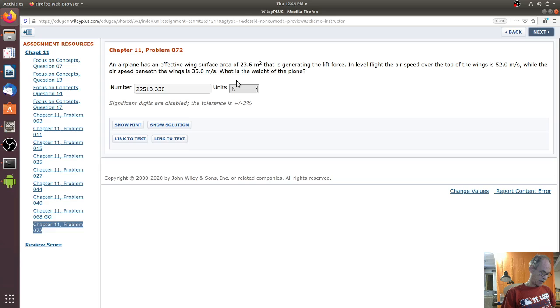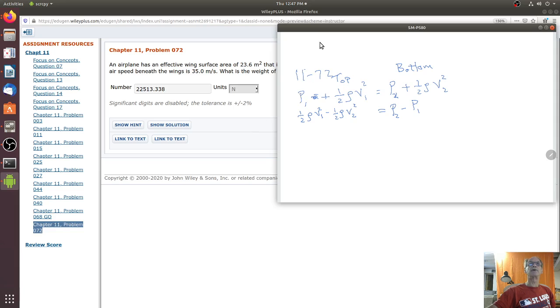So I'm going to bring the pressure on the top of the wing over to the right-hand side, and I'm going to bring the velocity at the bottom of the wing over to this side of the equation. Oh, you can't see my tablet. Let's get it out there so you can see what I'm doing.